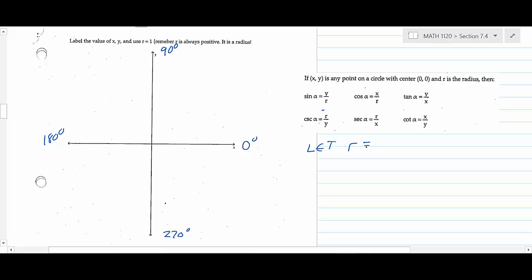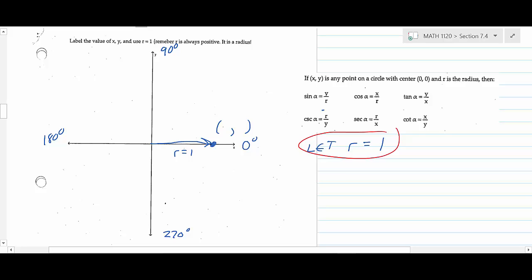It's got to be a positive number, but to keep it simple, the best way to do this problem is to let r be 1. Now let me walk you through what these points are. If you were at 0 degrees, your point would be on the x-axis, and your radius right there would be 1, because I decided to let it equal 1. Now what you need to tell me is, what are the x and y values of that point?